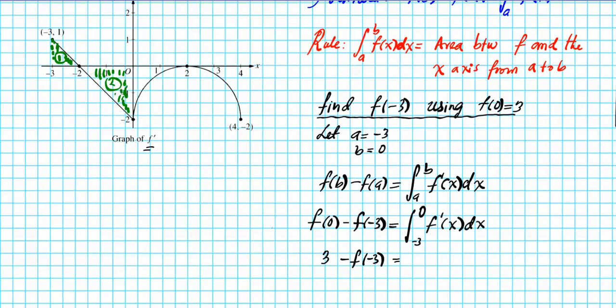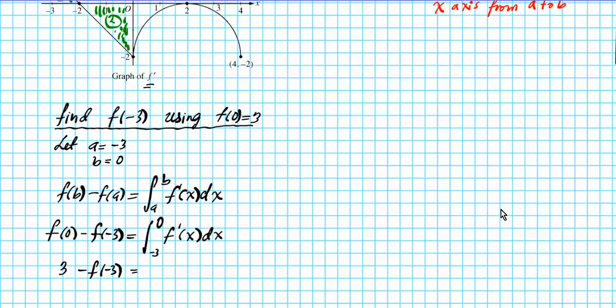All right, so let's go ahead and do it. We're going to break it up into two intervals, okay? All right, so what we're going to have, let me just move stuff around so I have enough space here. It's going to be 3 minus f of -3 equals the area of region 1 plus the area of region 2.